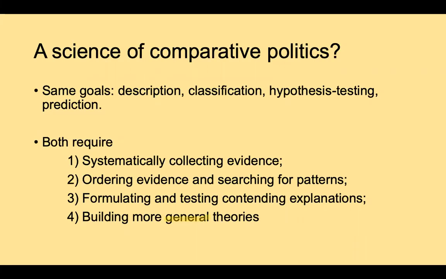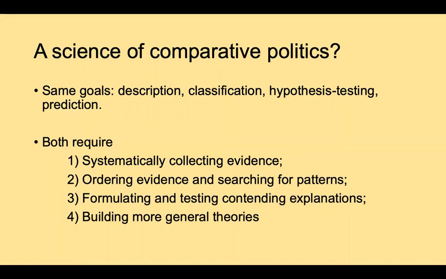So what this means then is that both comparative politics and science require essentially the same steps: systematically collecting evidence, ordering evidence and searching for patterns, observing patterns, examining patterns among the data, among the cases, formulating and then testing contending explanations for the variation, the similarities or the differences among the cases, and then building more general theories based upon that data analysis and that set of inferences that we draw from those contending explanations that we analyze in the data.